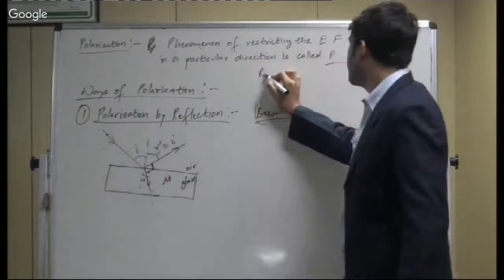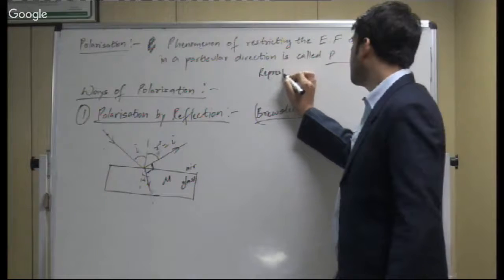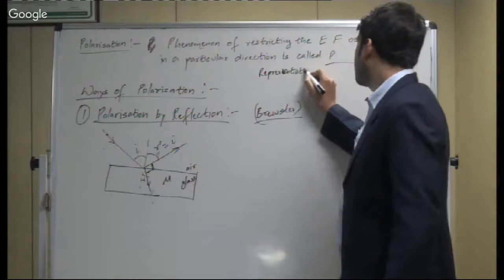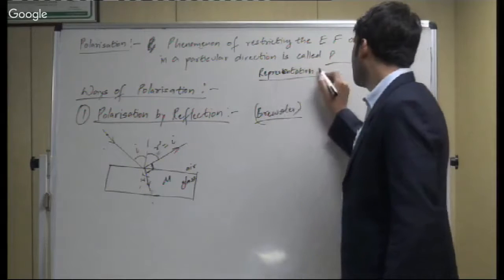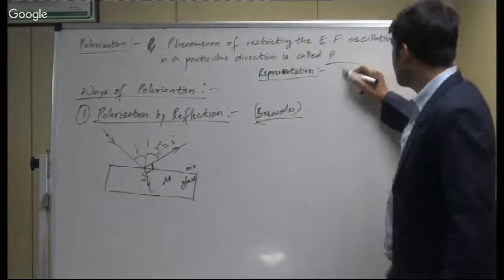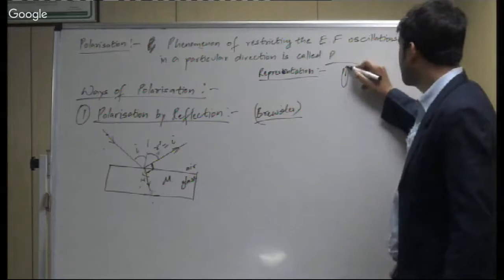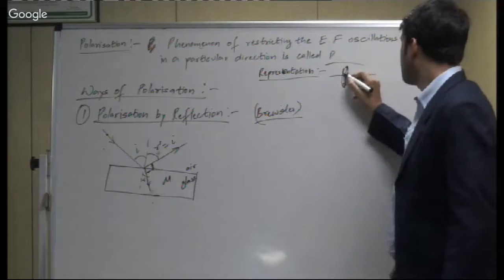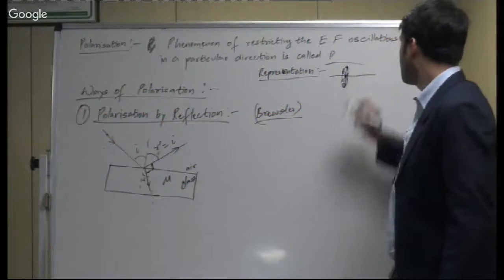One more thing I would like to add is a representation, because it would help a lot. We already saw that normally the light has oscillations like this.